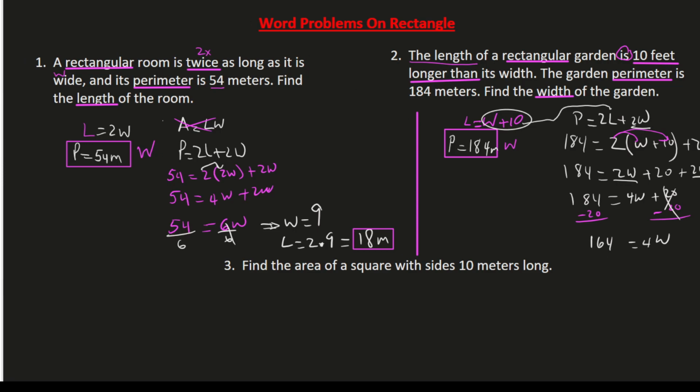And the last step has to do with dividing by the coefficient of W. Once we work this out, this cancels out, and we get W is equal to 164 divided by 4, which is 41.